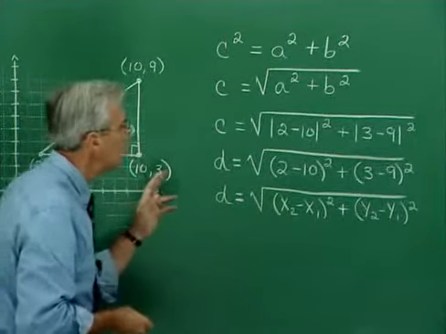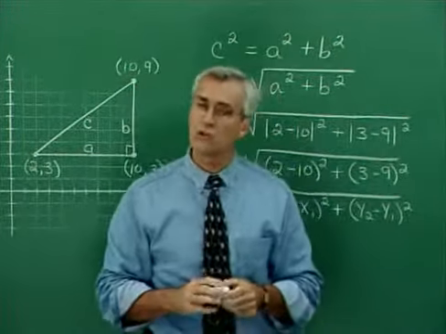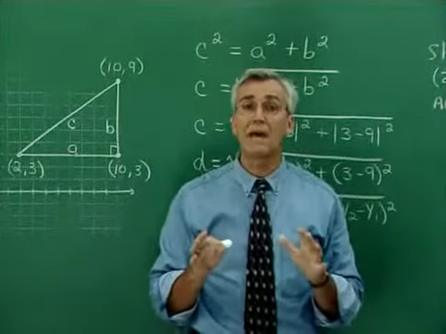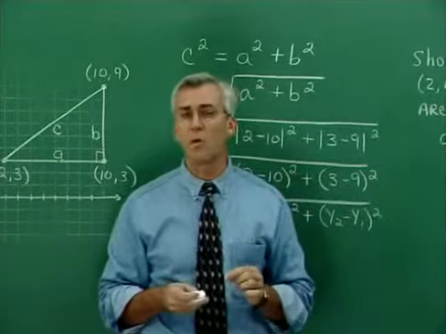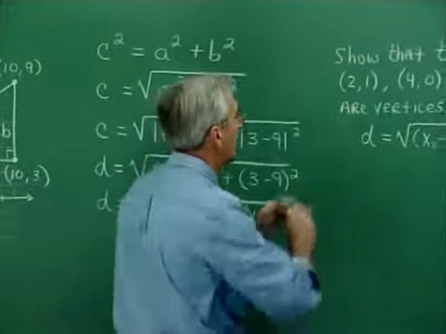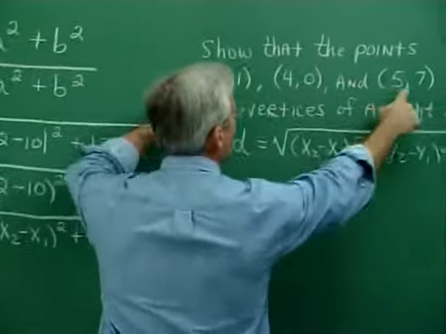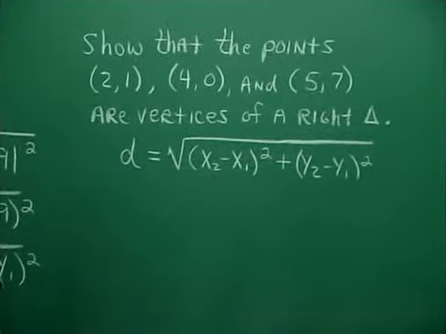Well, one way that the distance formula can be used is to determine whether or not we have a right triangle if we're given the coordinates of several points. That is, given that we have the points 2, 1, 4, 0, and 5, 7, are these the vertices of a right triangle?